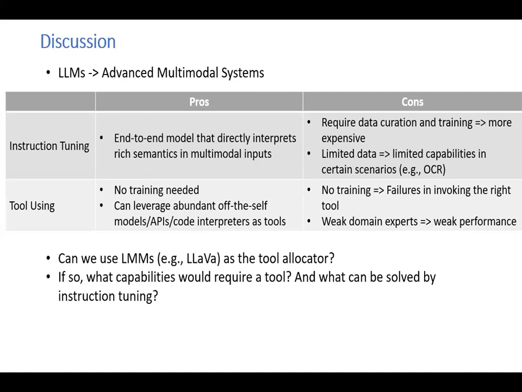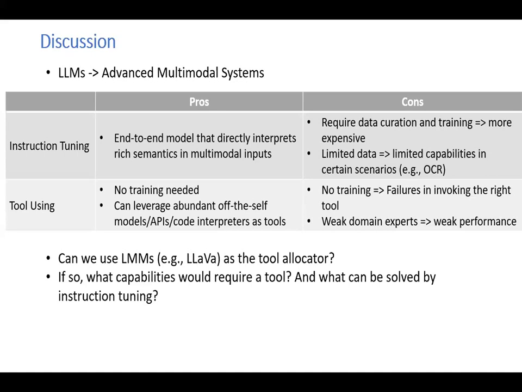For one, instruction tuning can enable an end-to-end model that directly interprets rich semantics in multimodal inputs. However, as it requires training, it requires data curation and computation resources, hence is much more expensive. And when tuned with limited data, it will lead to limited capabilities in certain scenarios, like OCR mentioned by Chunyuan.